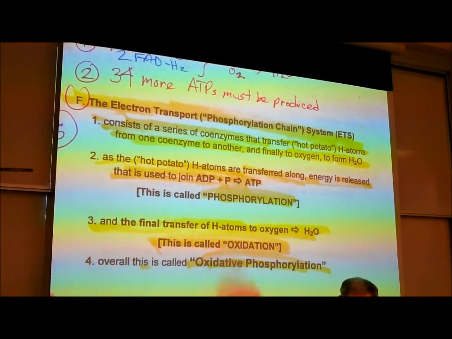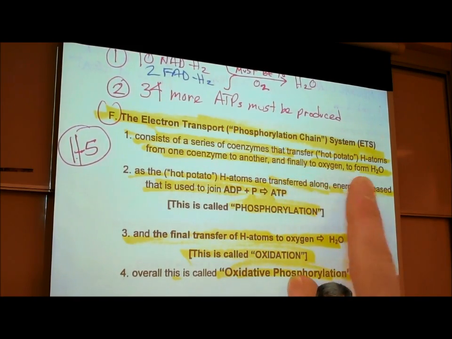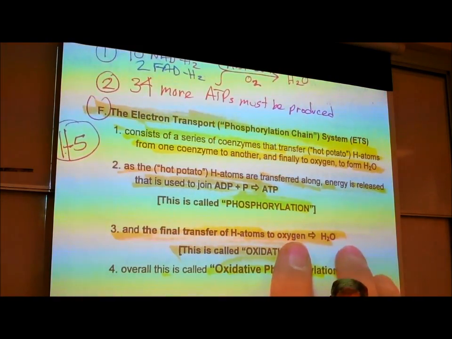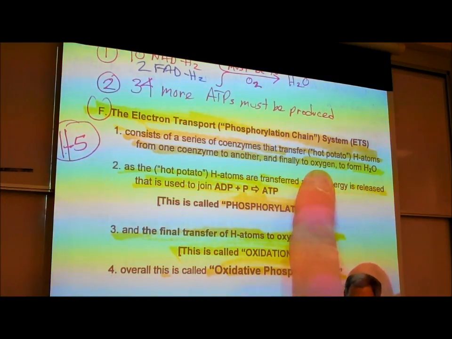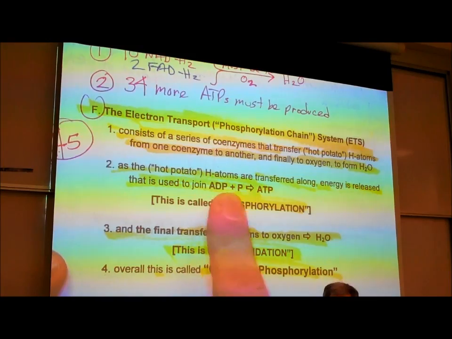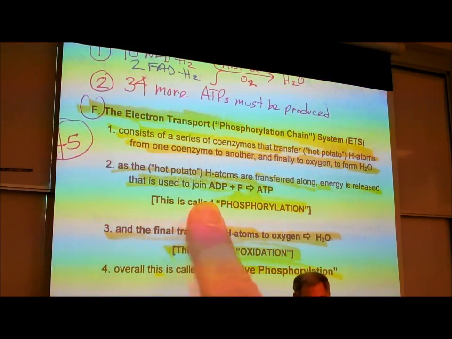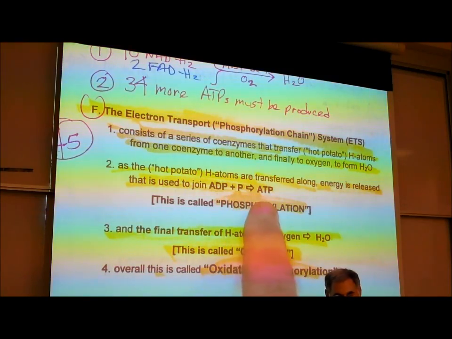So the electron transport chain or system or phosphorylation chain we wrote is a series of coenzymes that transfers hot potato hydrogens from one coenzyme to another and finally transfers those hydrogens onto oxygen to form water. As these hot potato hydrogens are transferred along, energy is released that's used to join ADP and phosphate together to form ATP.